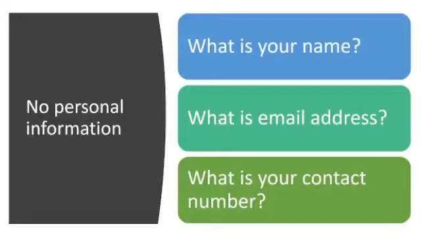But if your questionnaire does not maintain anonymity of the respondent, then you will need to take an ethical approval from some ethical body in your university or in your country. Next, use simple language. Don't have very difficult words in your questionnaire, especially if your respondent is a foreign language user.